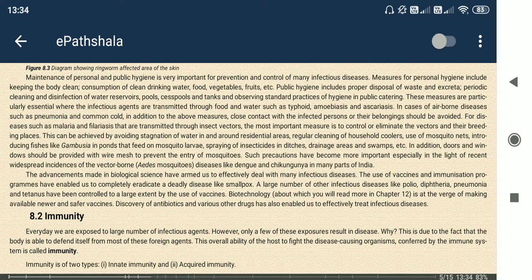Actually they help in the maintenance of normal body physiology. They are involved in some beneficial role inside our body.